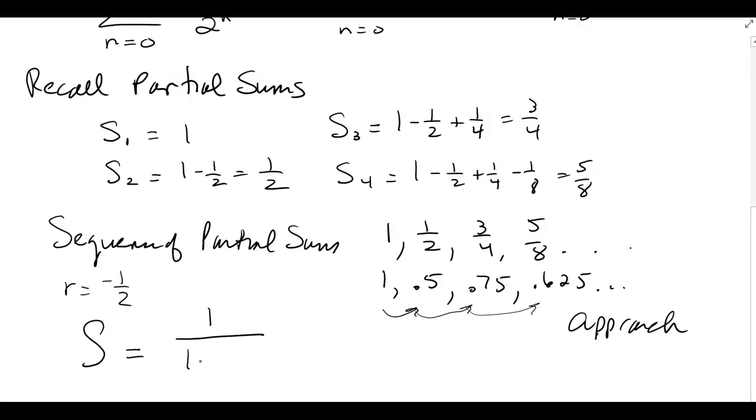So it's 1 over, because a sub n is 1, 1 minus negative 1 half, which is 1 plus 1 half, and it goes to 2 thirds, which is 0.666. So these numbers, as they keep going, will approach 0.666.